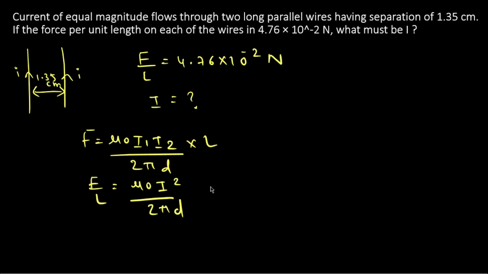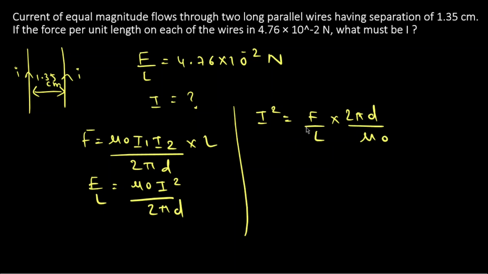And now we need to calculate I. So taking I square on one side and all these values on the other side, we get I square to be F upon L into 2 pi d upon mu naught. So we have the value of force per unit length, we know the distance between the two wires, and we know the value of mu naught.